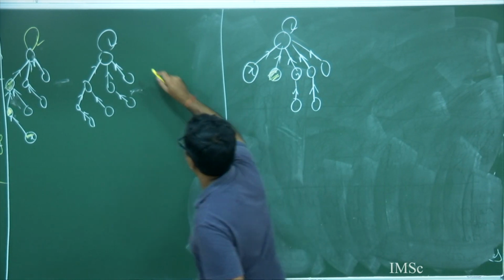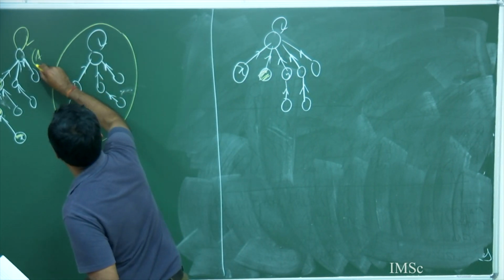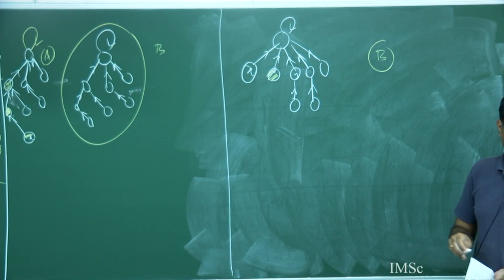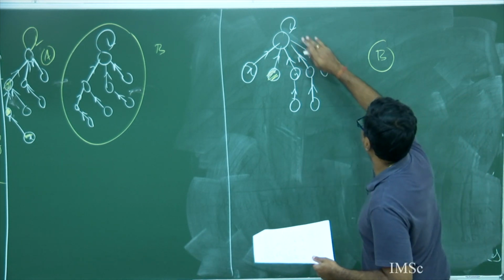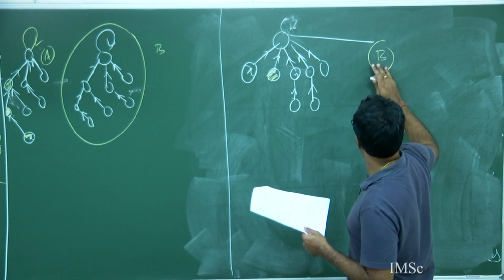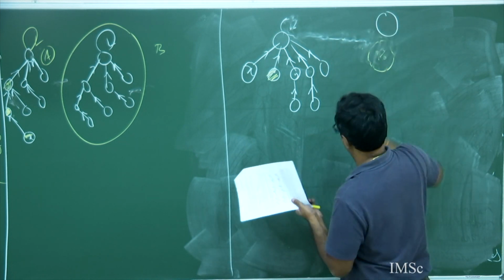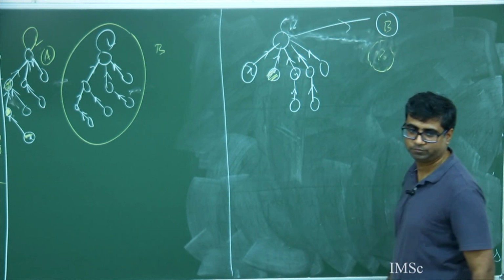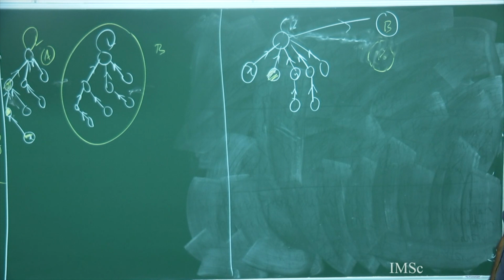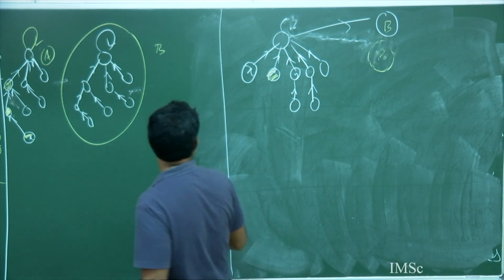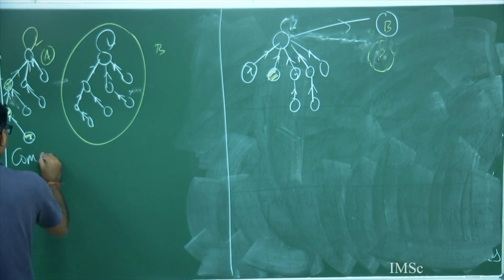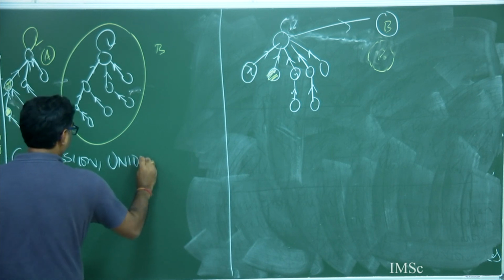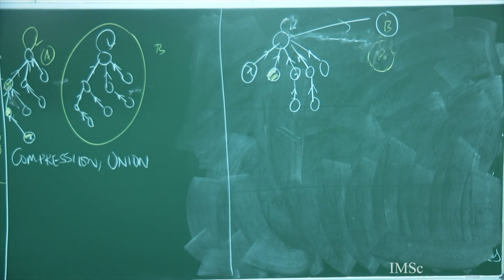And let's say this is A, B. Now if you do A into B, what will it do? It will just take this guy, and here is B, suppose. It just changed pointer to this. This is what it did. So this was compression followed by union.